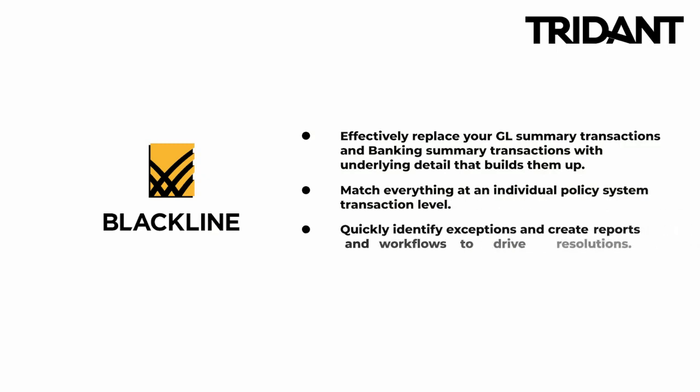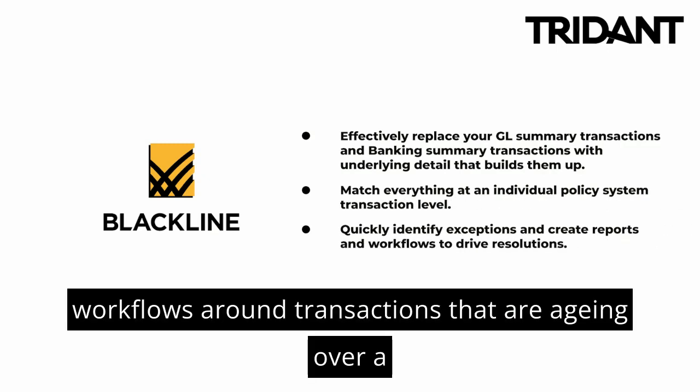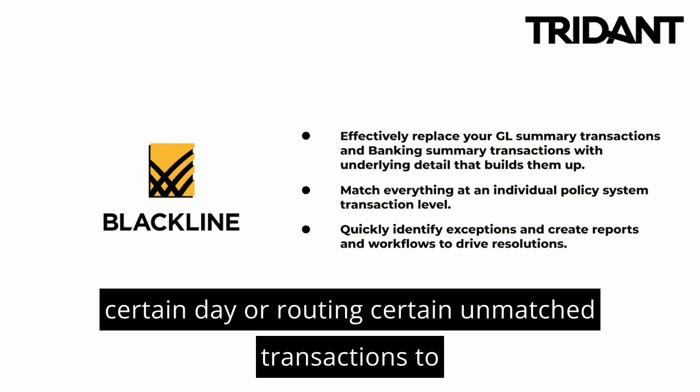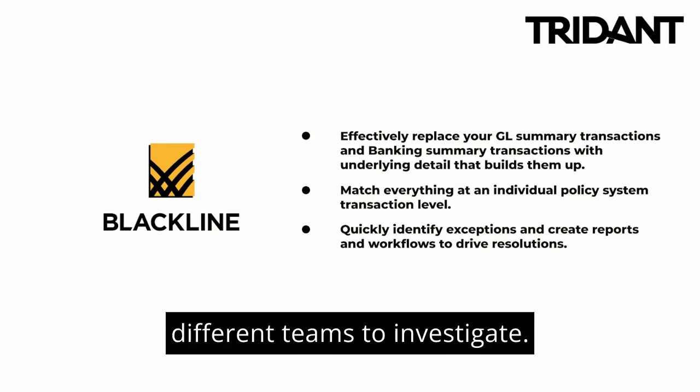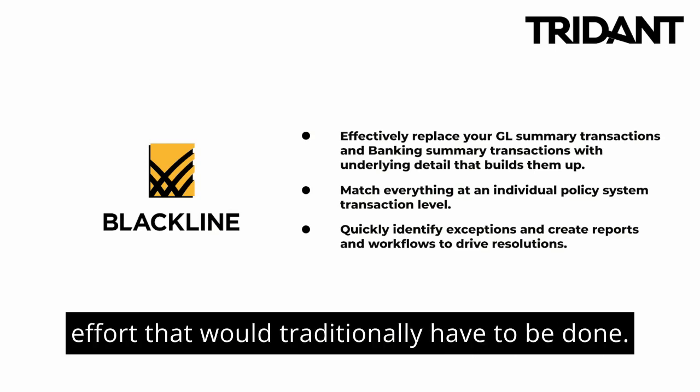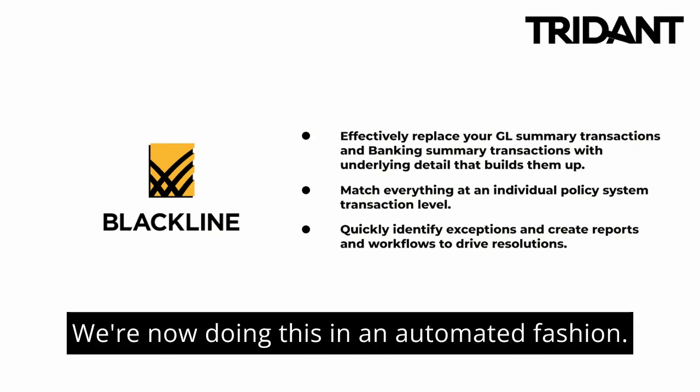We can then design reports and workflows around transactions that are aging over a certain number of days, or routing certain unmatched transactions to different teams to investigate. So really saving a lot of the manual effort that would traditionally have to be done if we're not doing this in an automated fashion.